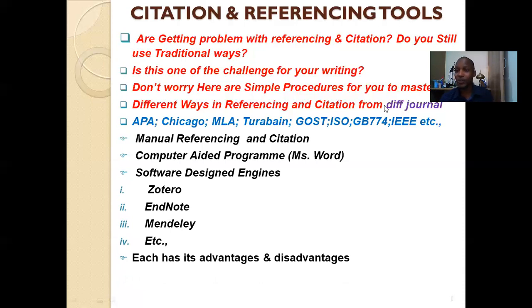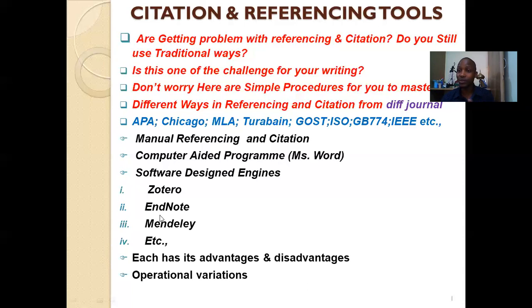But I'm not going to describe the advantages and disadvantages. Rather, my task today is to show you the operational mechanisms of this software. So I'm going to discuss Mendeley, because it's freely available, like Zotero.